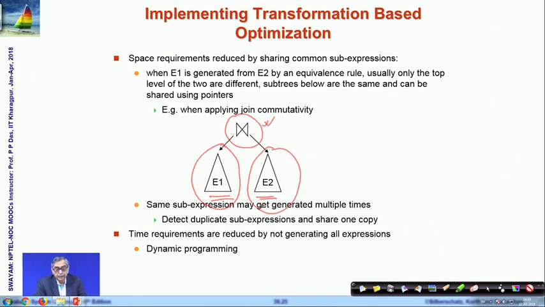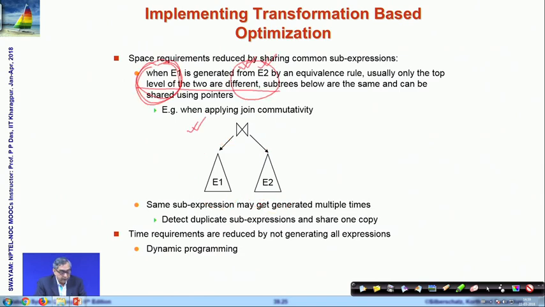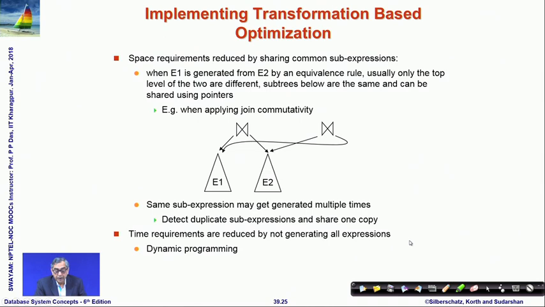In that case, in generating the alternates, we do not really need to keep or evaluate the whole expression in every alternate. We could have a join, and instead of replicating the whole evaluation of E1 and E2, we can simply make pointers to the same subtrees, which is called sub expression optimization.